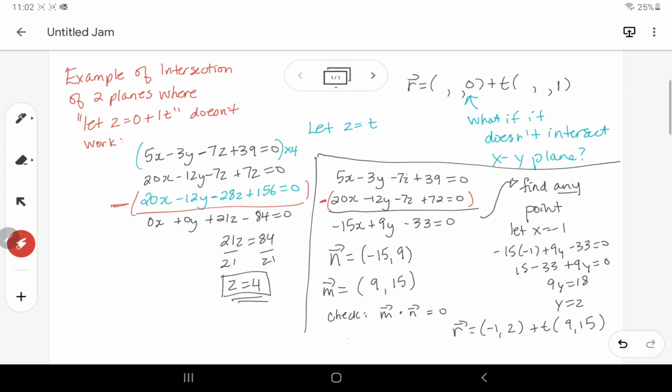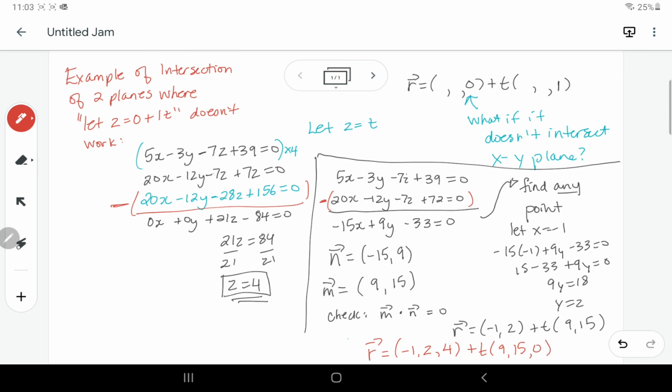So my actual position vector in R3 would be negative 1, 2, and 4, because z is a constant value, plus t times 9 and 15 from the x and y components of the direction vector, with no change in z.